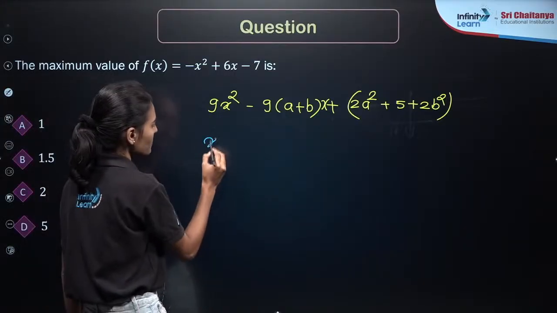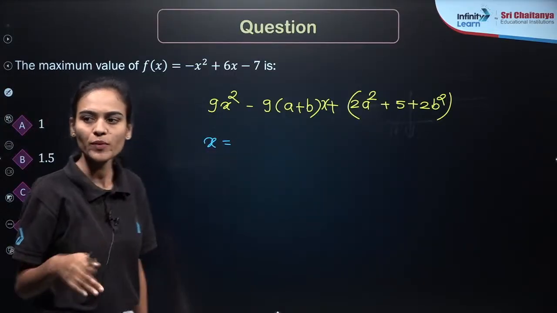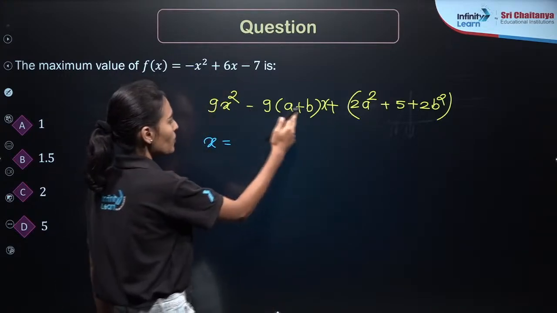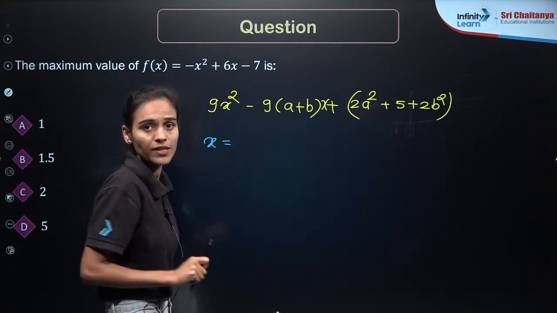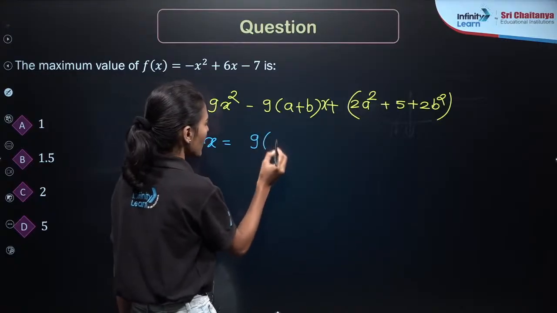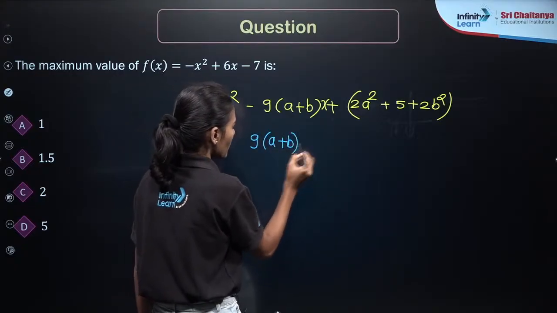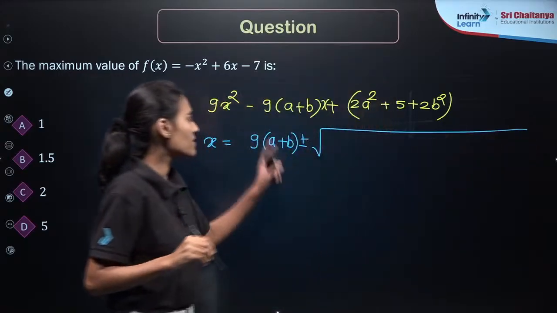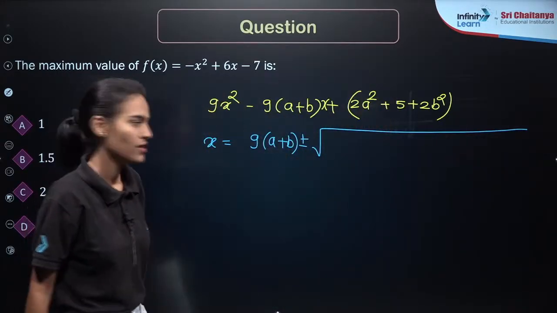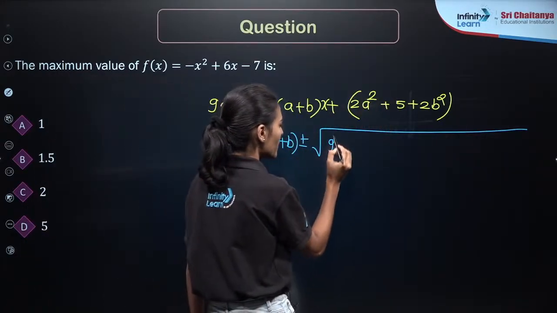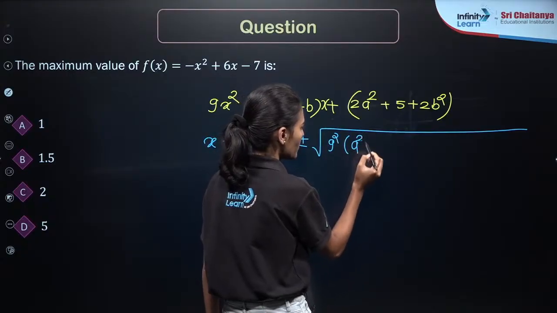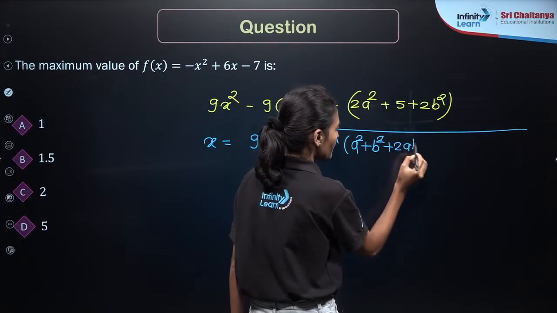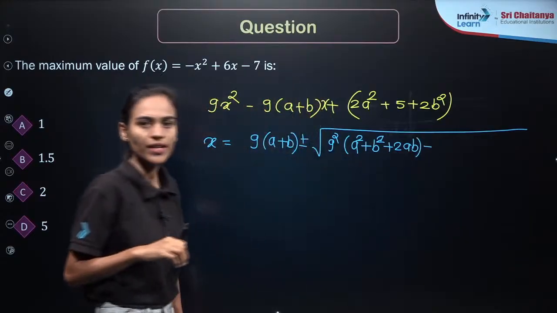So here x is minus b plus or minus under root b square minus 4ac upon 2a, right? So here you have b as minus 9 times (a plus b). So minus b will be 9 times (a plus b), plus or minus in the root. b square means 9 into (a plus b) whole square. So it will be 9 square into (a plus b) whole square, meaning a square plus b square plus 2ab, minus 4ac, right?